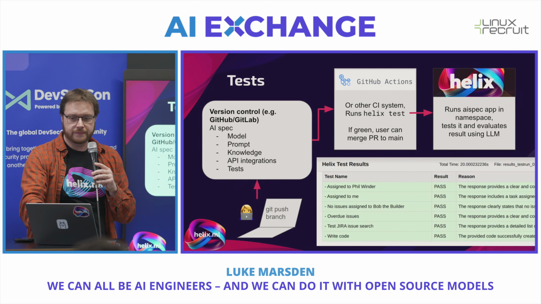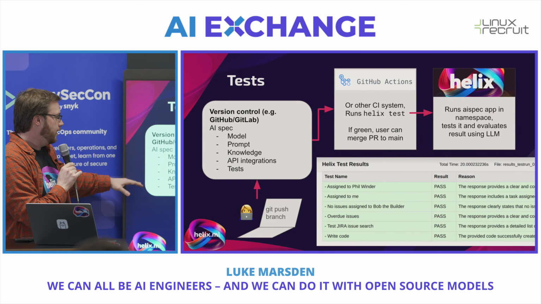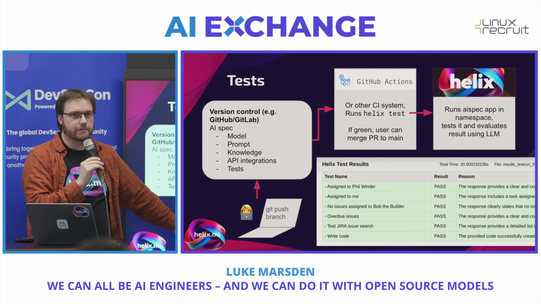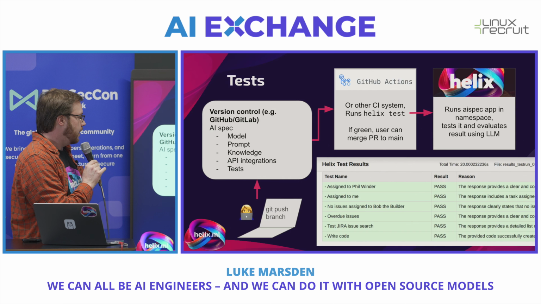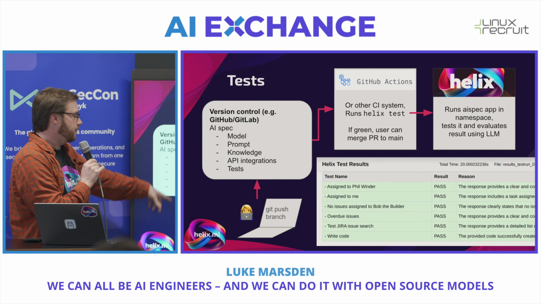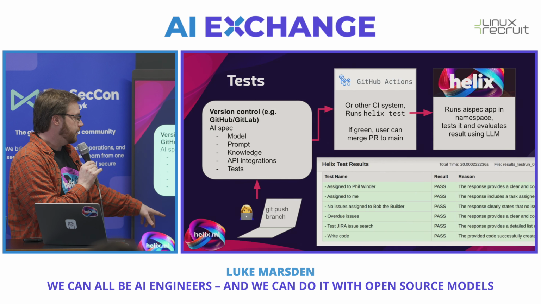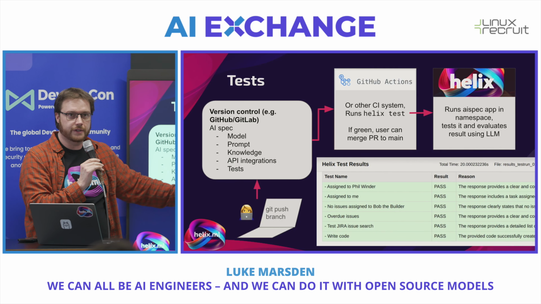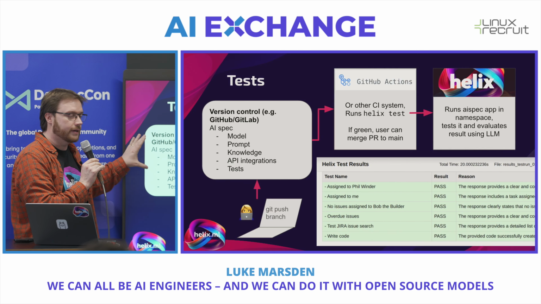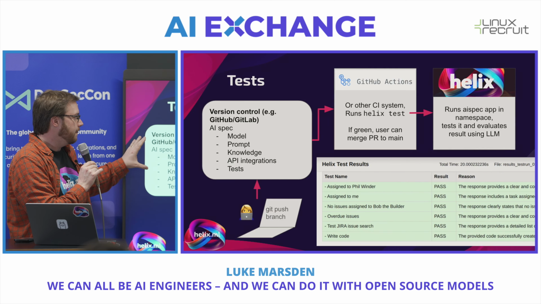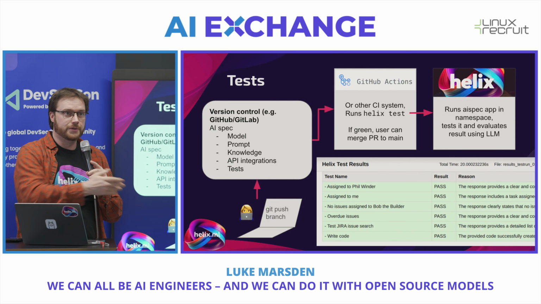And then you can take this version controlled spec and integrate it with CircleCI or GitHub Actions or Jenkins or whatever, and then every time someone pushes a change to the branch, the system would automatically run all of the tests that are encoded in this application spec against that application, and then it's just like normal CI now.